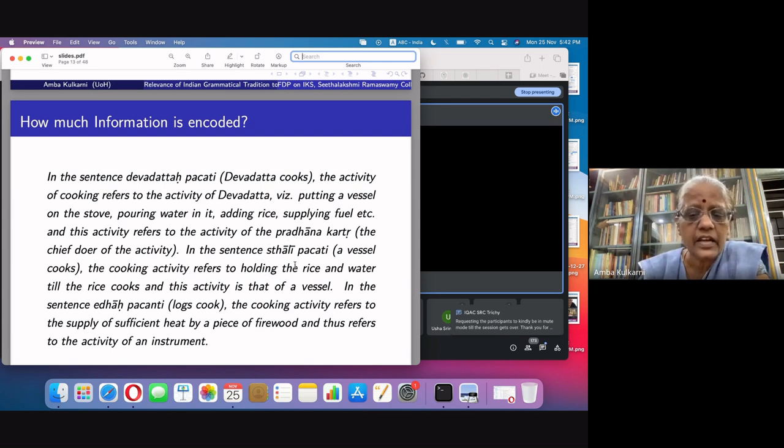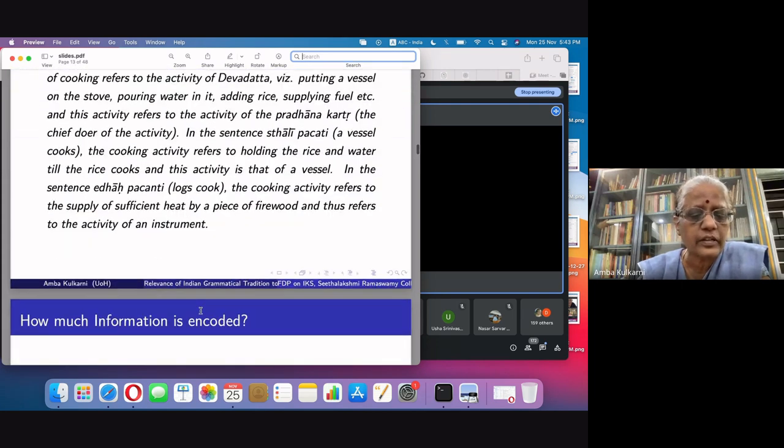In the sentence thali pachati, a vessel cooks, the cooking activity refers to holding the rice and water till the rice cooks. And this activity is that of a vessel. And in the sentence, Edaha pachanti, or logs cook, or the wood cooks, the cooking activity refers to the supply of sufficient heat by a piece of firewood and thus refers to the activity of an instrument.